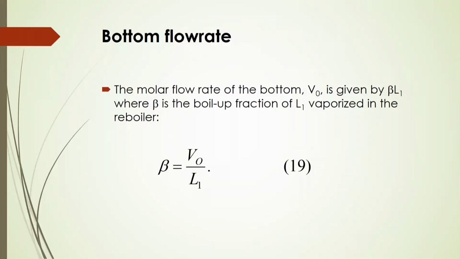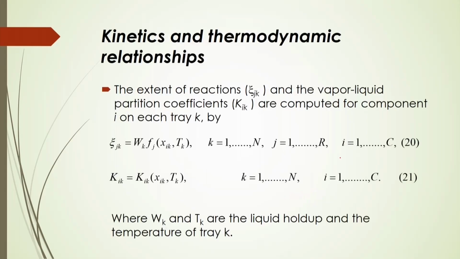And if you are considering the bottom flow rate, the molar flow rate of the bottom, denoted by V_0, can be calculated by beta into L, where beta is called the boil-up fraction of liquid stream L_1 that is vaporized in the reboiler. So, beta should be equal to V_0 by L_1, which is given in equation number 19 in the slide.